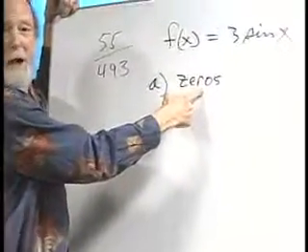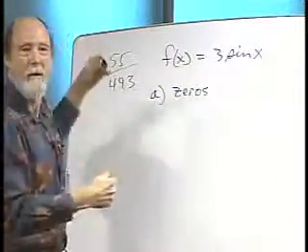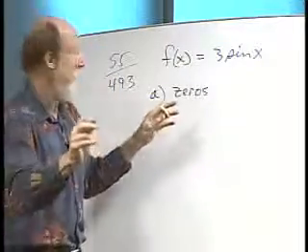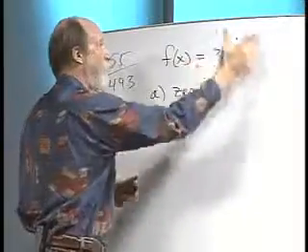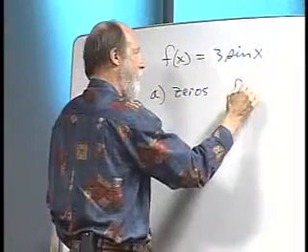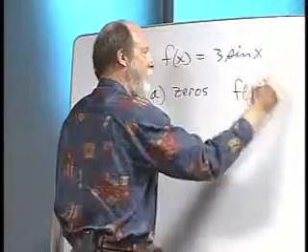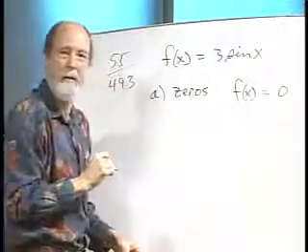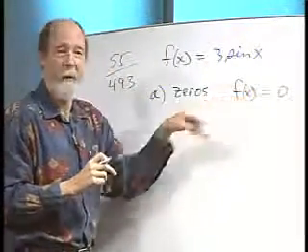Zeros, you remember from college algebra, mean what? No, not where x equals 0, but where the output value equals 0. So you're trying to find the locations where the output value, f of x, equals 0. In other words, the x-intercepts.